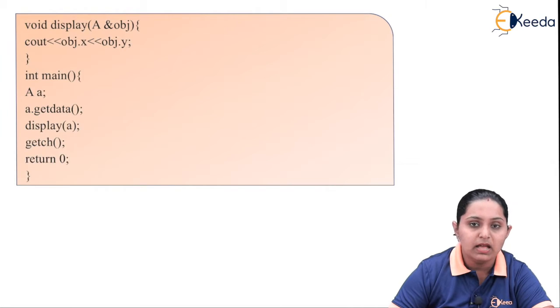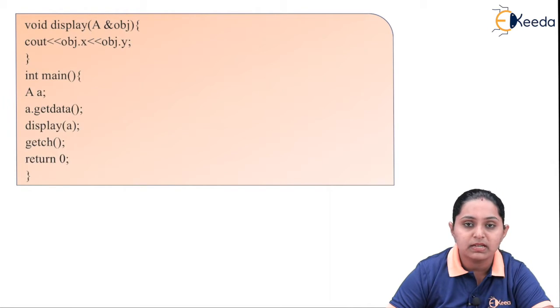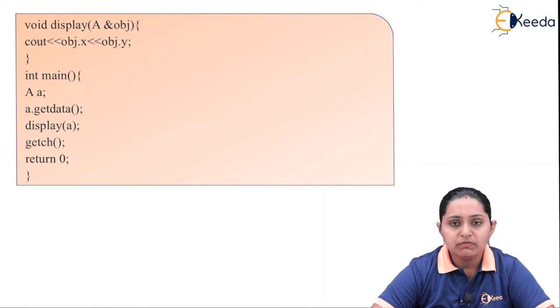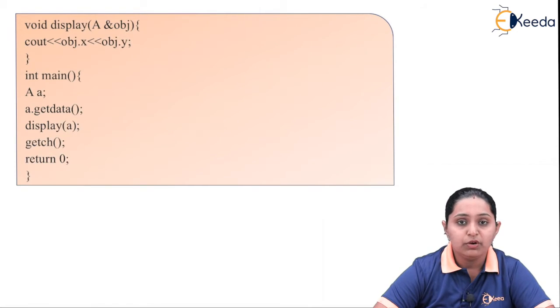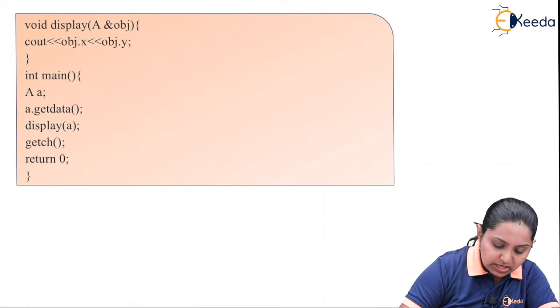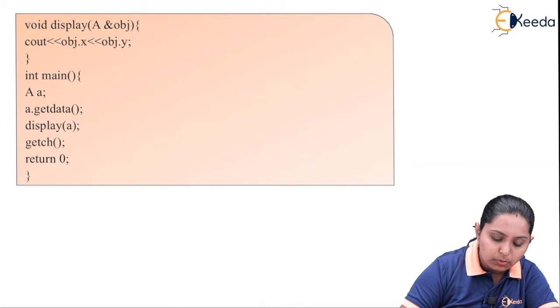So we can define it outside the class. Inside the function we are just displaying the values of x and y. But how do we access them? We are using the object name as obj.x, obj.y.